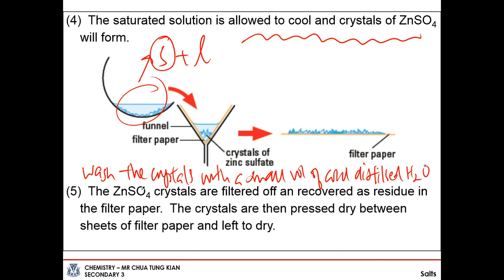Okay, so we use a small volume of cold distilled water to wash the crystals, to wash off any impurities and any unreacted, any of the extra solution here. And then we simply leave it on the filter paper to dry. So once this is done, we will have the crystals on the filter paper. Okay, so this is the process of crystallization to obtain a salt which is soluble in water.